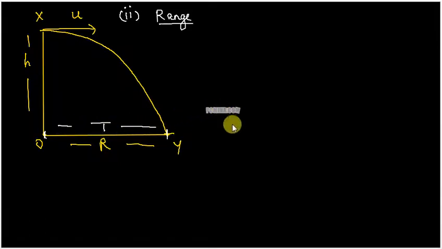So we are going to use the horizontal equation of s is equal to ut plus half at square along the x-axis. So it will be x is uxt plus half axt square. Now I'll put the values.